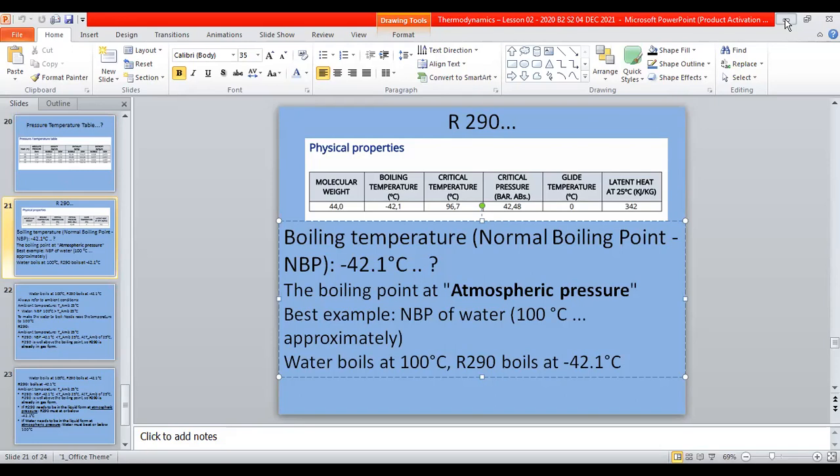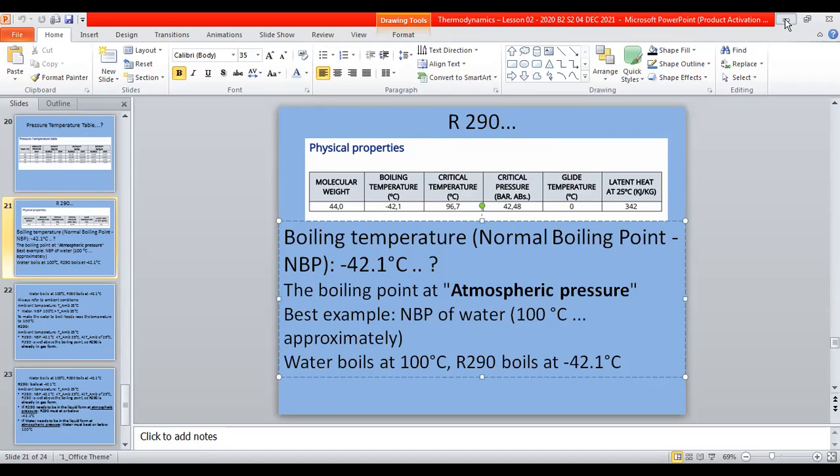But at minus 43, water is frozen. So we would have to keep water being heated to make it liquid.